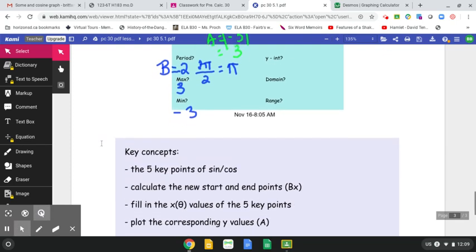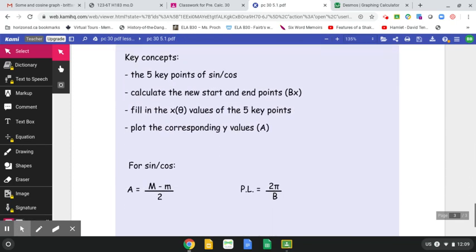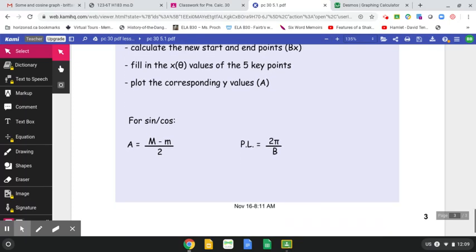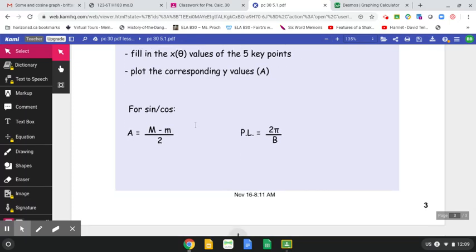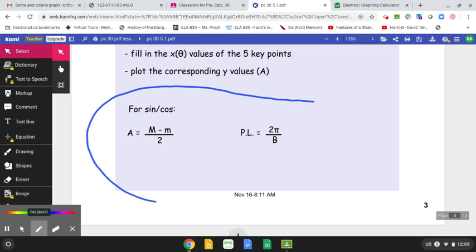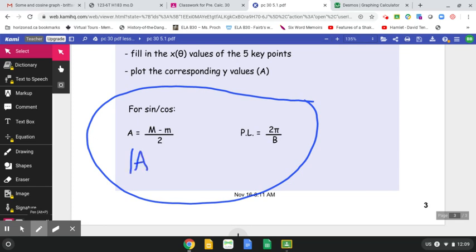So let's see. Last slide. It says key concepts. The 5 key points of sine and cosine. Those are the ones that I plotted. I guess you should know this. This is really the most important thing out of it all. Amplitude, maximum minus minimum divided by 2, or you can just go absolute value of A is amplitude.